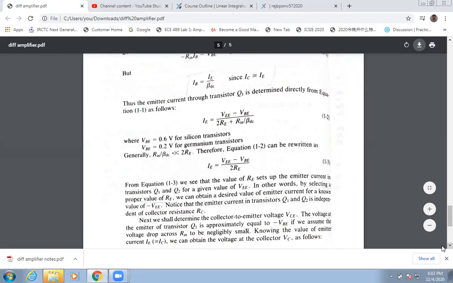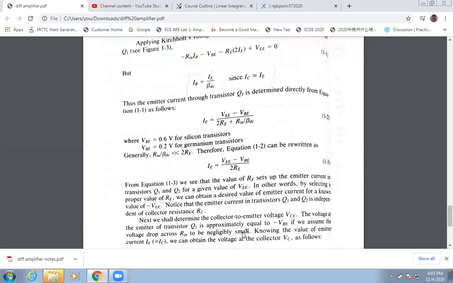The voltage at emitter of the transistor Q1 is approximately equal to minus base emitter voltage if we assume that the voltage drop across Rin to be negligibly small. We say that Rin is approximately equal to 0. That's why the voltage drop across this Rin is approximately 0.